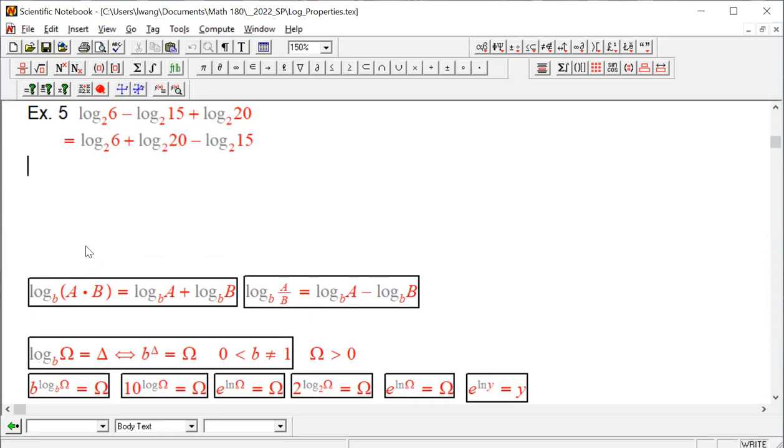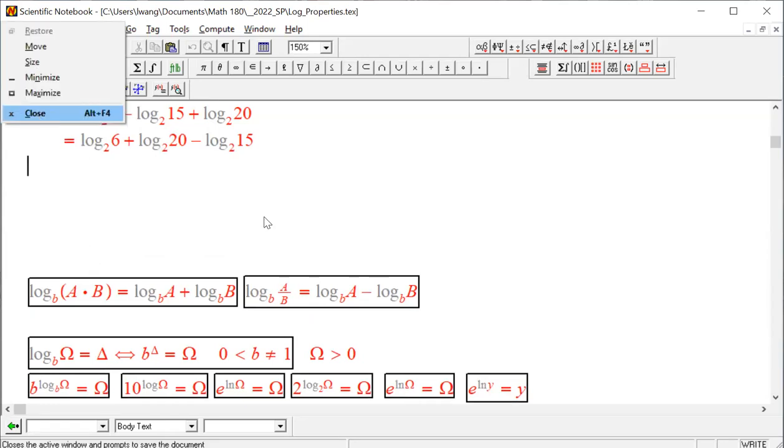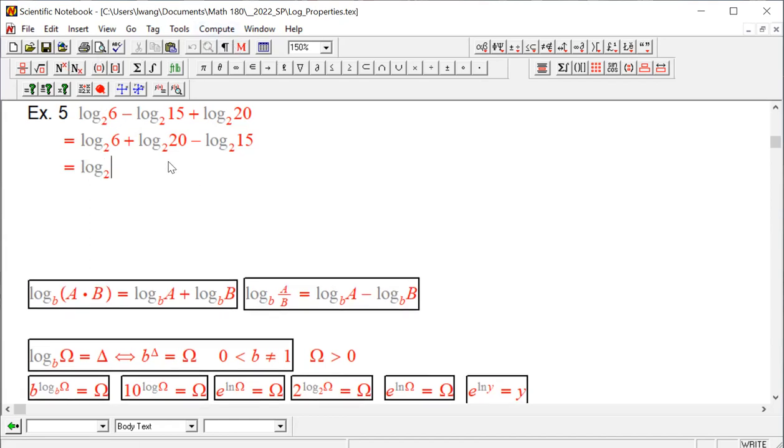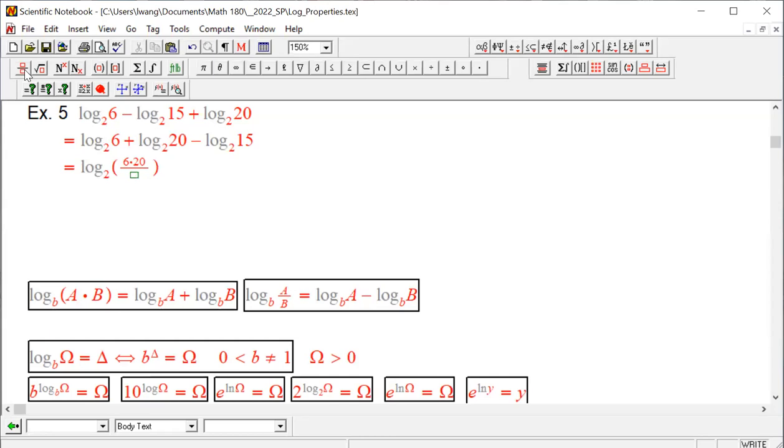For some of you who are getting better at this, you can go straight to log base 2 of 6 times 20, divided by 15. You can totally do that.